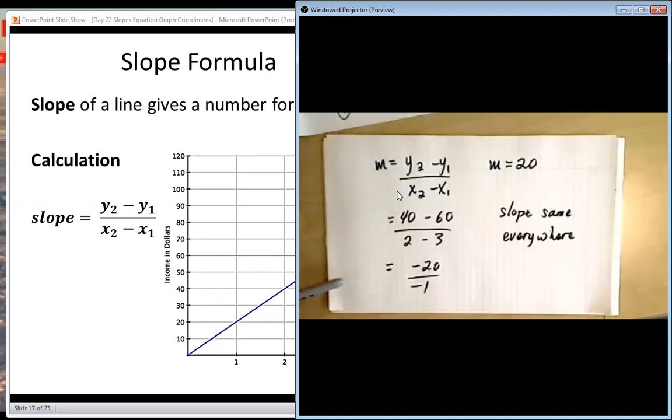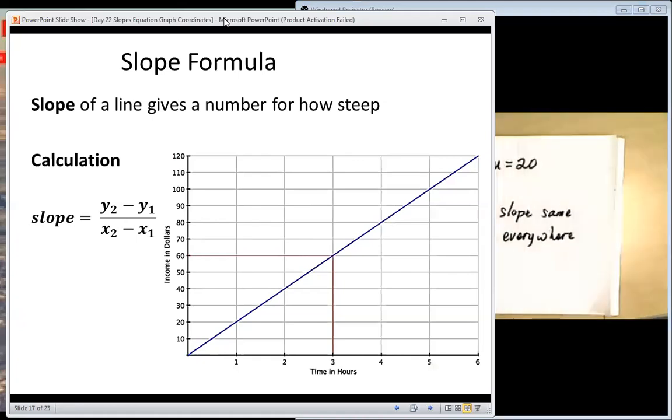The line you can see on the screen, it's got the same angle all the way along. Same steepness, if you like, right? So that means the slope is the same everywhere. Any 2 points. You choose 1 and 20, 6 and 120. Slope is 20. Just done like that.